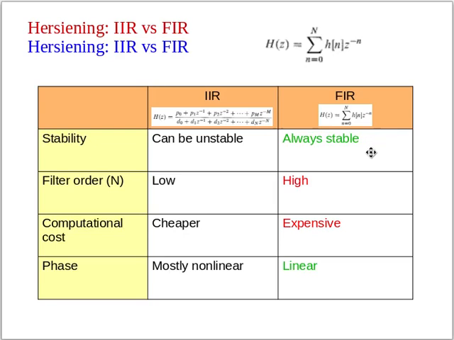The price you pay for that is that you require a high order filter, and therefore it's computationally expensive. But another advantage is that the phase is always linear, and this is primarily an advantage where you are very interested in the time domain response of the filter, especially if you want to transmit pulses.